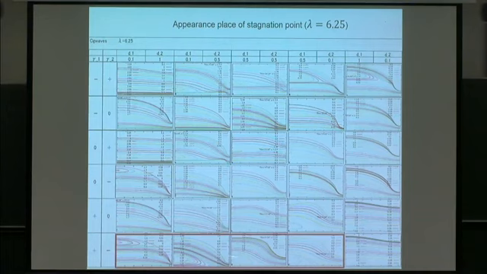And in the right 3, the stagnation point appears in omega 1, but in the left it appears in omega 2. It changes somewhere between these two. So we have to study this point in more detail.